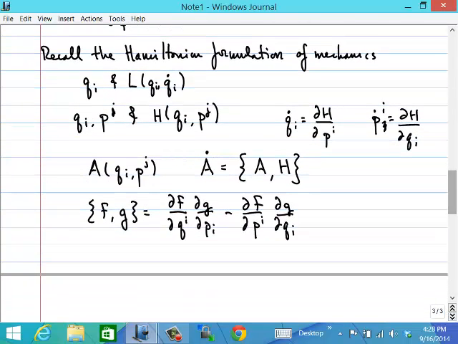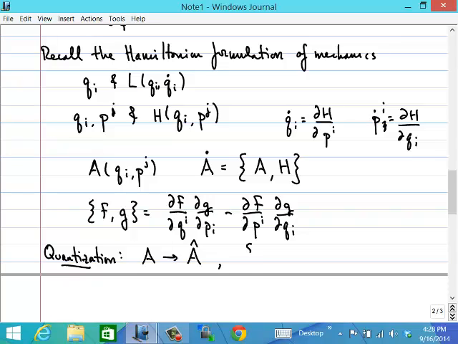The primary advantage for our purposes of the Hamiltonian formulation of mechanics is that it's very easy to quantize a system once you've written it in its Hamiltonian formulation. In particular, quantization, at least naively, is the procedure whereby each observable A is promoted to some operator, sometimes denoted A hat.